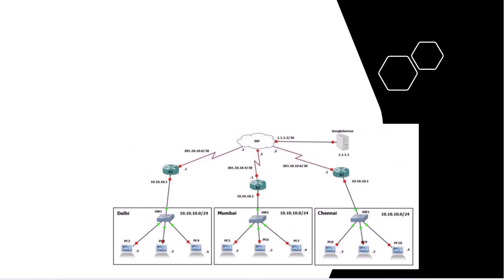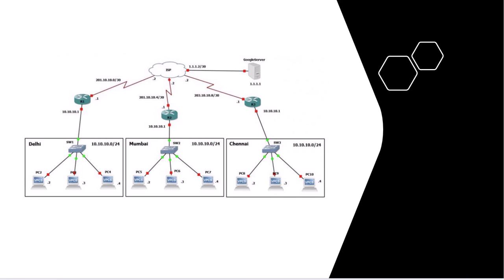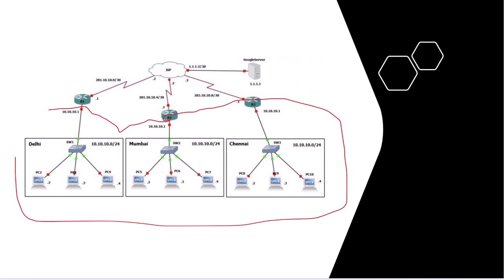Now we'll see on a network topology how private and public IP addresses are used. This is for private IP addresses. For example, in India we have Delhi, Mumbai, and Chennai locations. They are using private IP addresses in their internal LAN network.